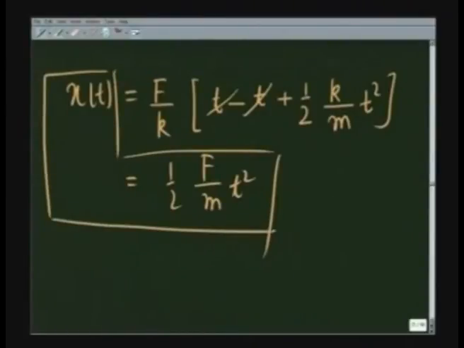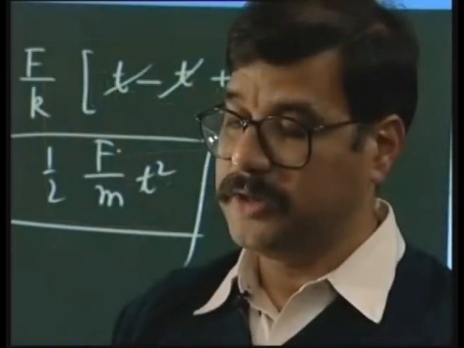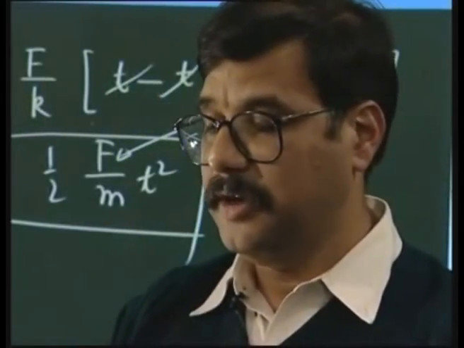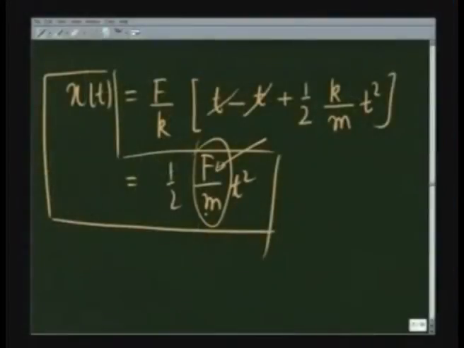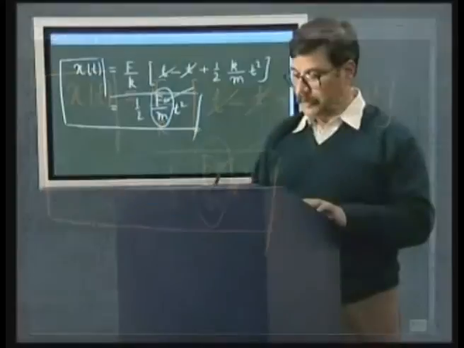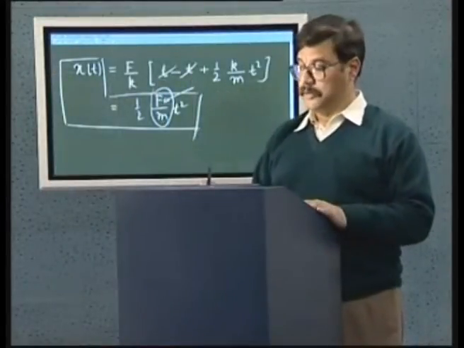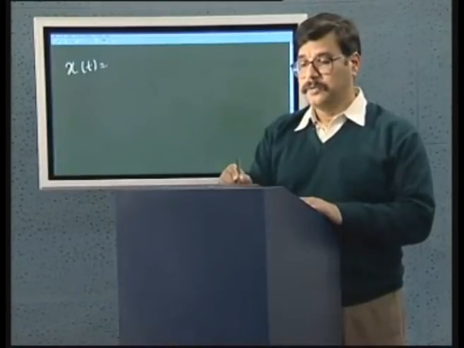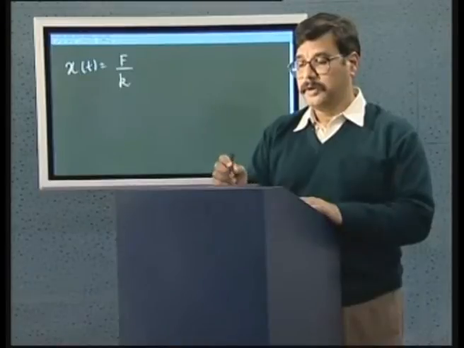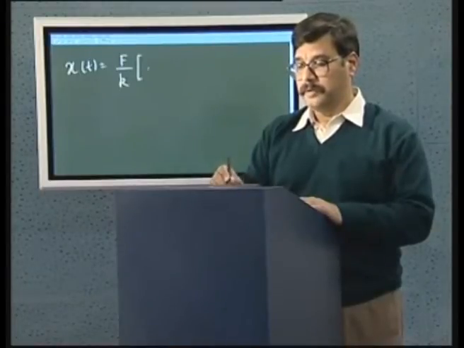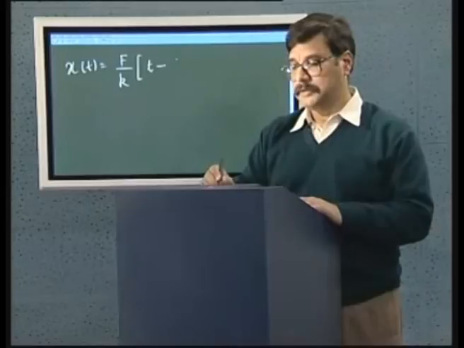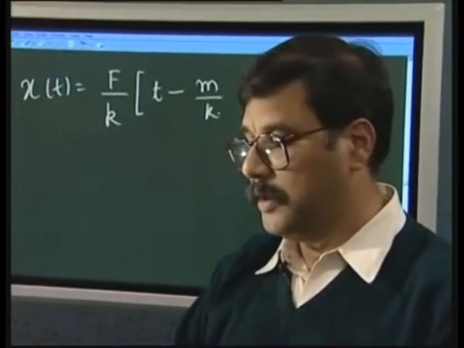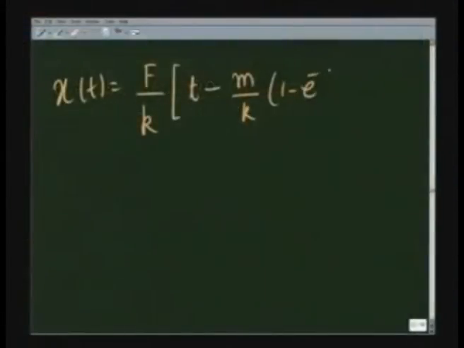That is, I am taking a particle and applying a constant force F. Its acceleration is F over m, and then it moves distance 1/2 F over m t square in time t. Let us try to plot this and see how it goes. So x t was F over K t minus m over K, 1 minus e raised to minus K over m t.